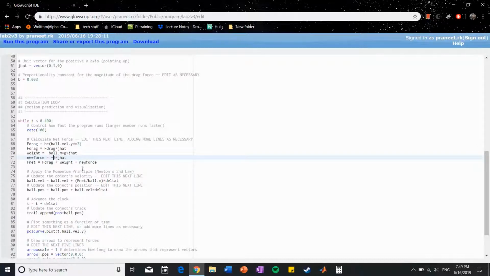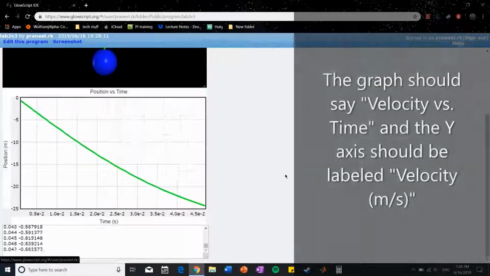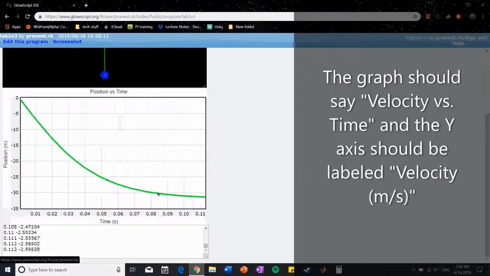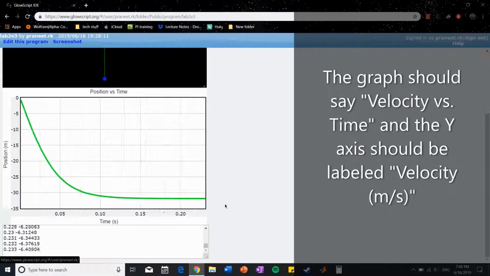Adding that to the net force and running the program looks like this. As you can see, the line becomes flat at the end, indicating that there is a slope of 0 near the end.